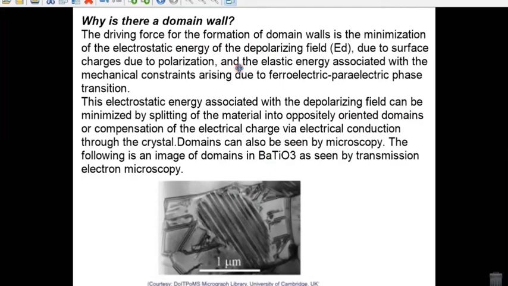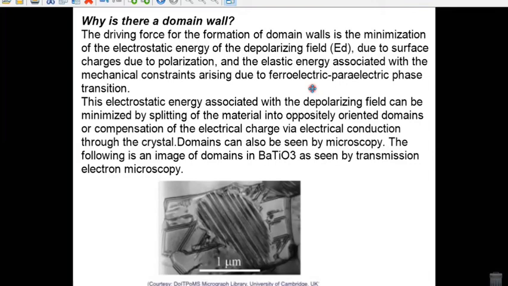The electrostatic energy associated with the depolarizing field can be minimized by splitting of the material into oppositely oriented domains or compensation of the electrical charge via electrical conduction through the crystal. That's why application of an electric field to a ferroelectric ceramic leads to the alignment of antiparallel or off-aligned dipoles to reorient themselves along the field.